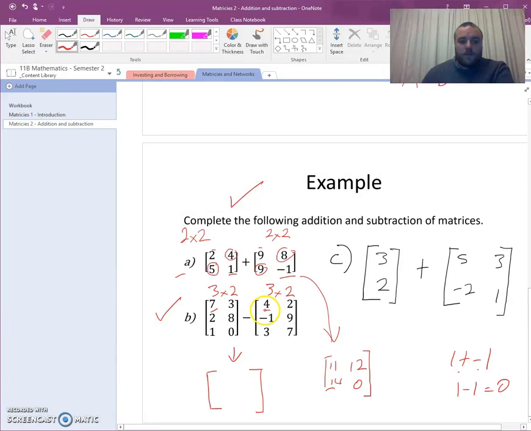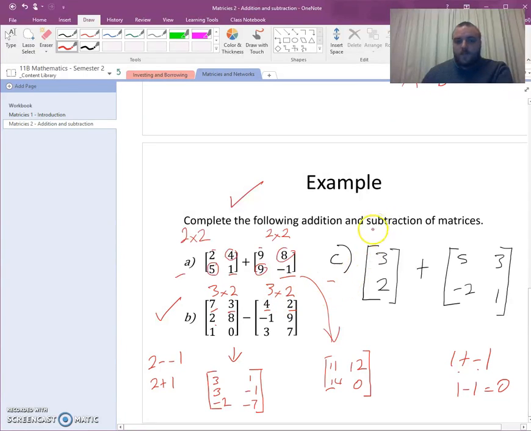So 7 take 4 is 3. 3 take 2 is 1. 2 take -1, same sign means it becomes plus. So that's 3. 8 take 9 is -1. 1 take 3 is -2. 0 take 7 is -7.